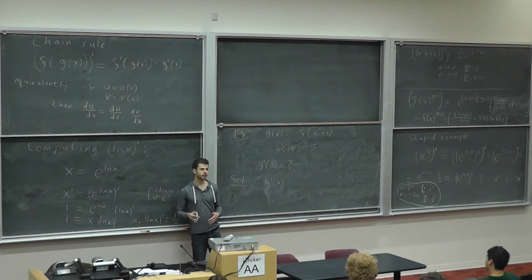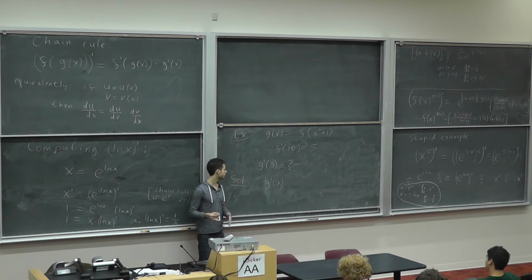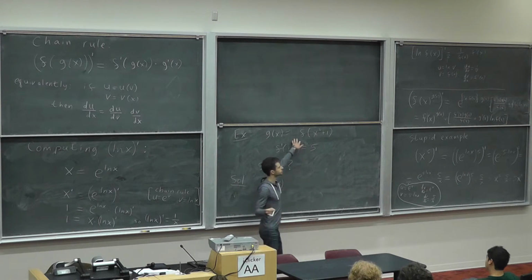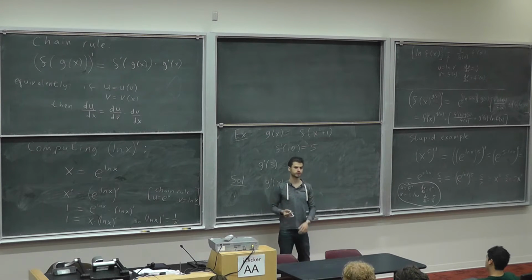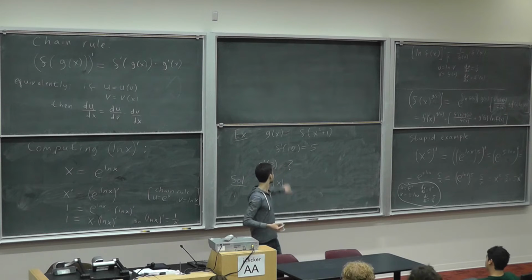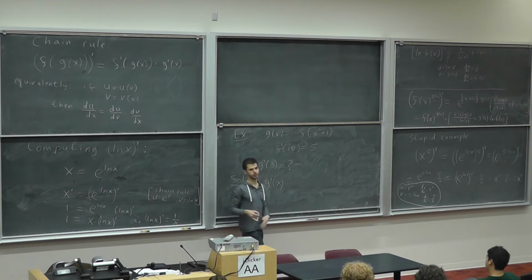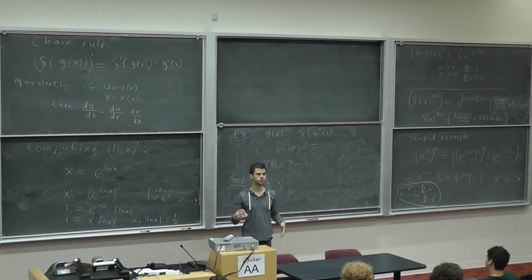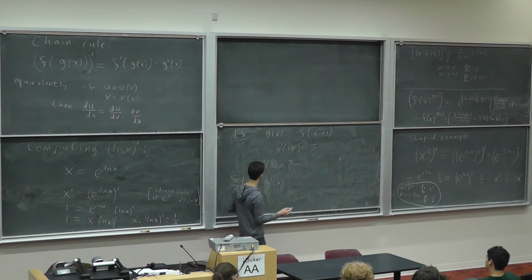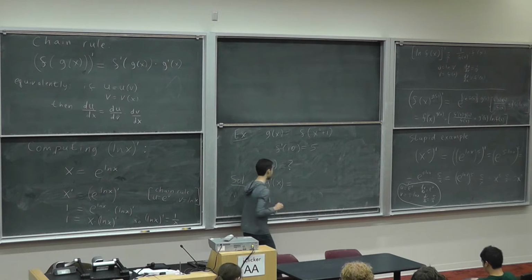I'll first try to find how g prime at point x is related to derivatives of f. I know that g is related to f, so I assume that the derivative of g would be somehow related to the derivative of f. How is it related?